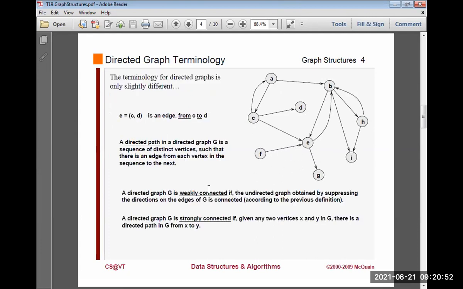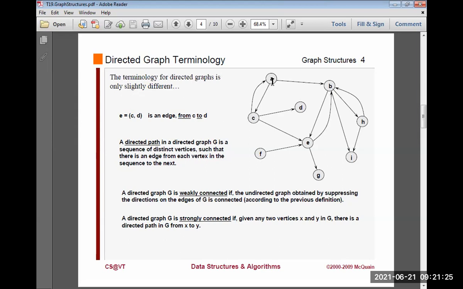Okay. Next we are coming to the directed graph. A directed graph means here we represent some directions. See here, for example, edge E equals {C, D}. So there is an edge from C to D only. You can move from C to D. And a path in a directed graph is a sequence of distinct vertices such that there is an edge from each vertex in the sequence to the next vertex.